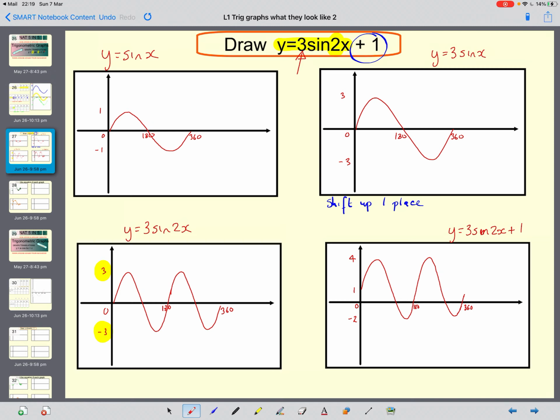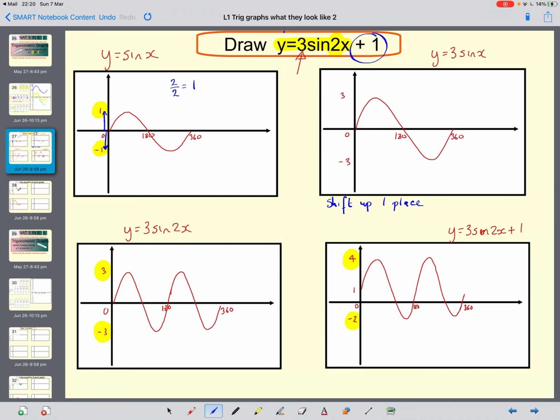And can I just show you something before we go to the next slide? When we know that this one's got an amplitude of 1, it goes from the 0 up to 1 and from the 0 down to 1. So that means it's got 2 units. So if I take that 2 units and divide it by 2, half it really, I get an amplitude of 1. So if I look at this one here, it's got 4 and negative 2.